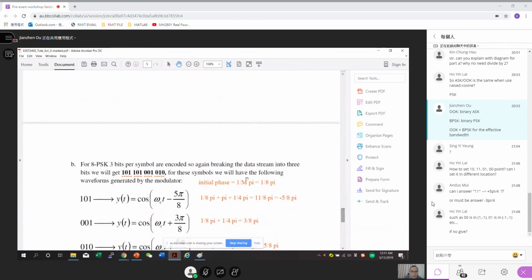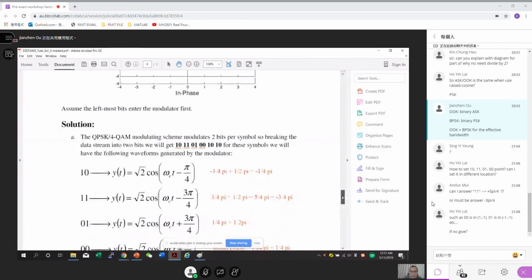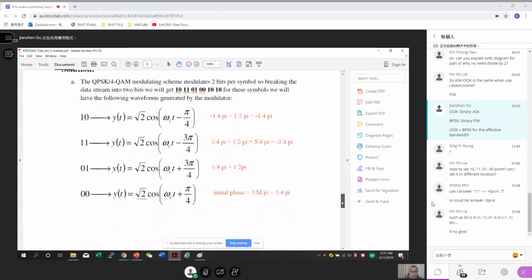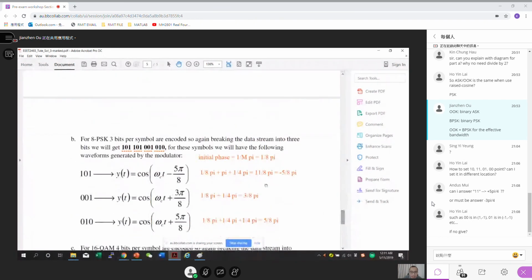So for the second one, you can break it into 101, 101, 001, and 010 because it's an APSK. Because in APSK, you get 3 bits, the same each time. So that's why the data sequence can break into groups of 3.